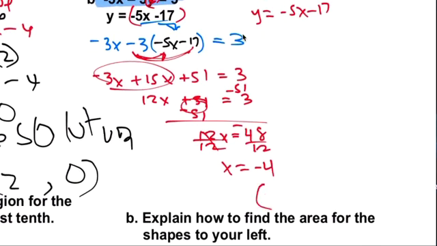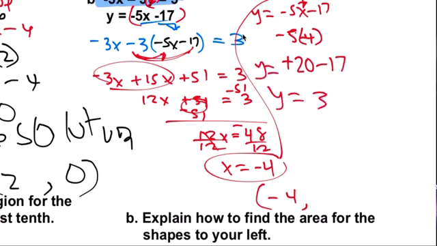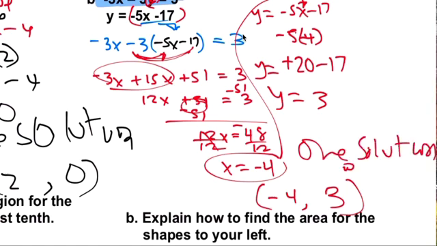Okay, so it's going to be negative 4. Put that into the one you saved, negative 5 times negative 4. You get positive 20 minus 17. Y equals 3. So it's one solution at negative 4, 3.